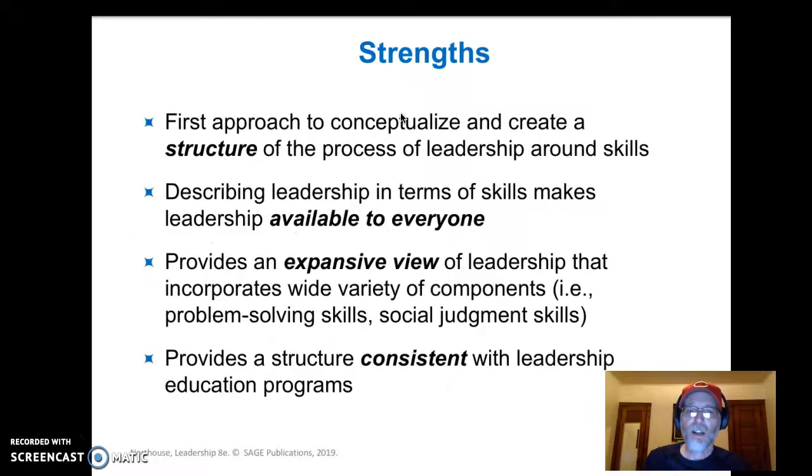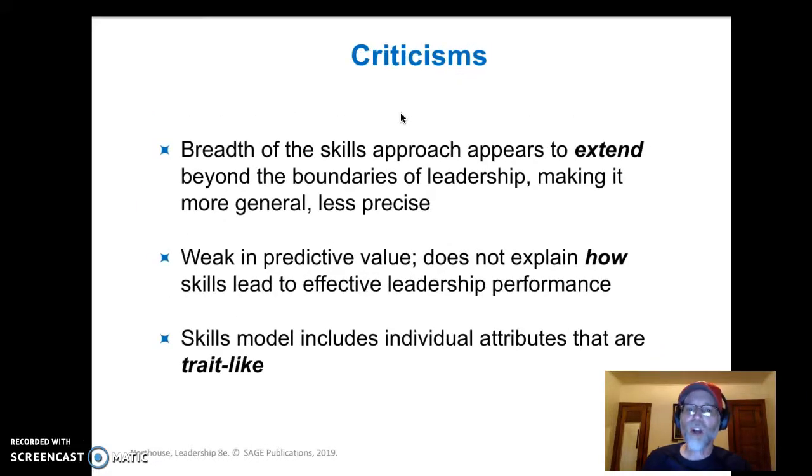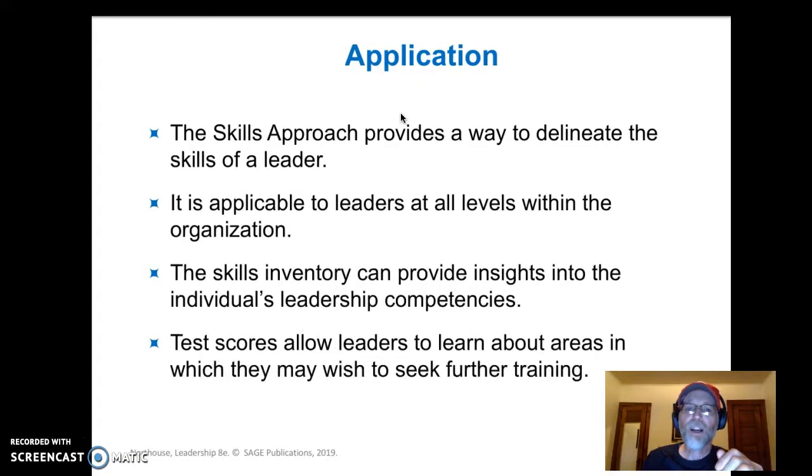It provides a structure. It makes leadership available to everyone. You can look through those. There are some criticisms with it, and you can note that in Northouse as you're reading it. And then of course the application. It's very applicable to training the skills of leaders, to taking inventories of what our leaders know.